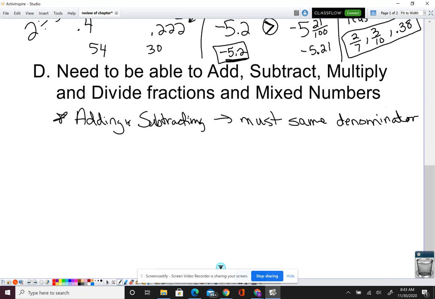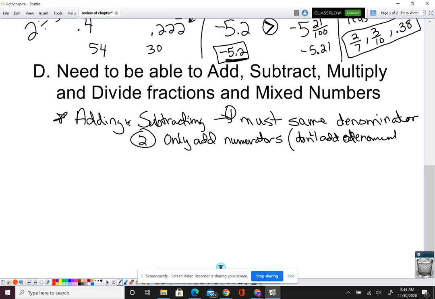That's the first thing with adding and subtracting. The second thing, the biggest mistake that I saw on assignments when I was grading them: once you have a common denominator, only add the numerators. Don't add the denominators, just write it down.